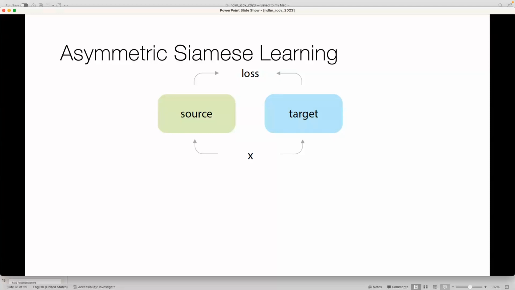To do that, we use this abstract form of Siamese learning. We have a source one on the left side, and a target one on the right side. And again, we use X with two transformations to feed both networks. And then the loss is computed by comparing source and target.